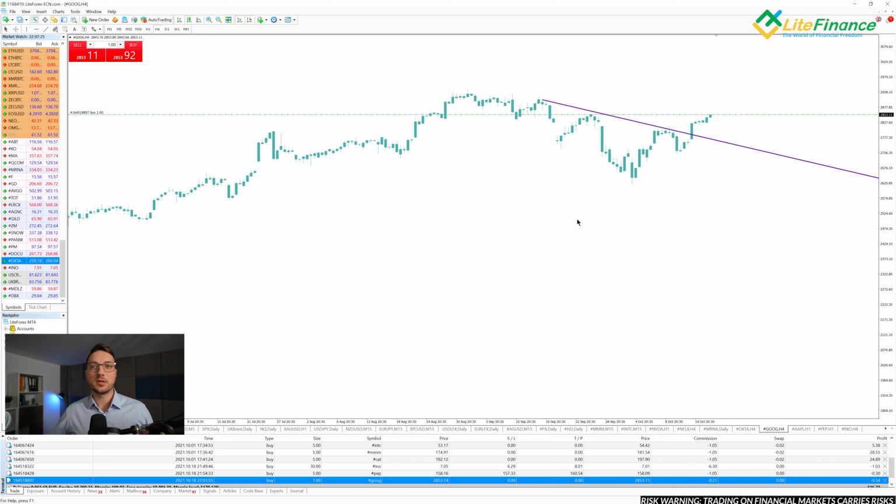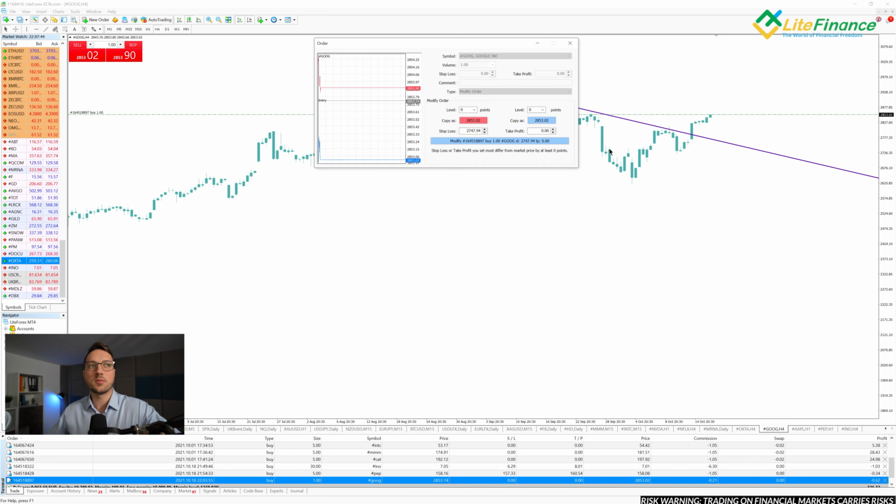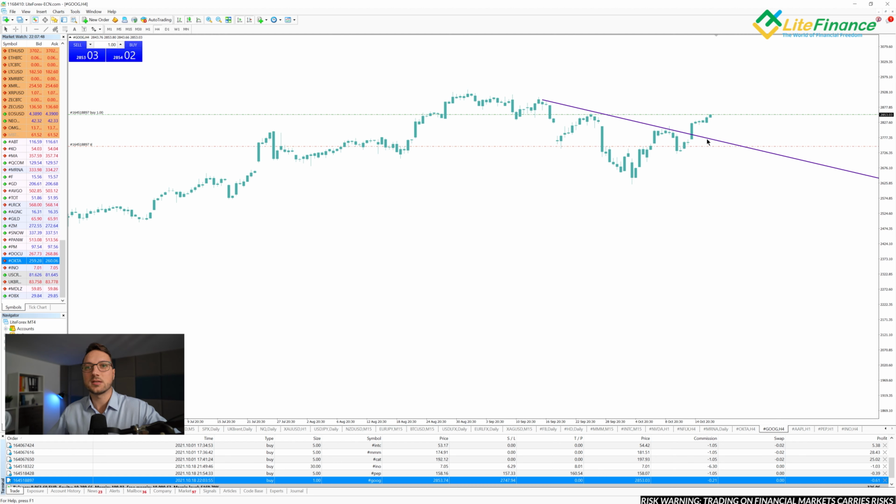So after taking a trade, we need to think about where to place a stop loss. Ideally, when we would enter, maybe somewhere over here at the candle which broke this formation and suggested the upside move, we would be safe somewhere over here, because the moment where the neckline is broken is the best moment that would suggest this formation just didn't work out, and we need to think about something else.